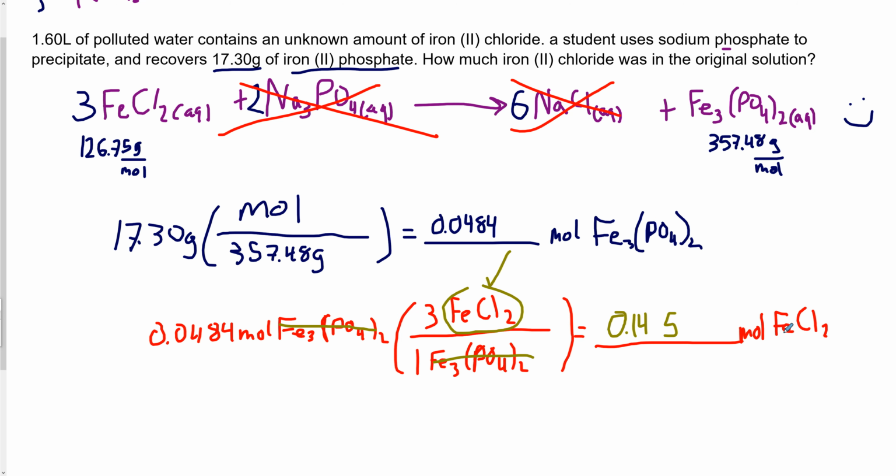Now that we've got moles of FeCl2, we got grams per mole, we can find out the grams. So 0.145 moles of FeCl2 multiplied by the molar mass, 126.75 grams per mole.